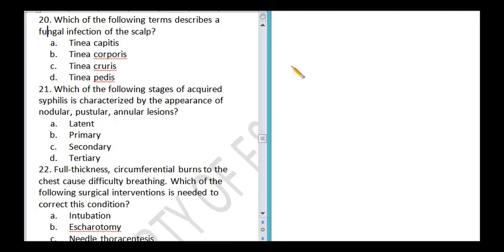number 20. Which of the following terms describes a fungal infection of the scalp? A. Tinea capitis, B. Tinea corporis, C. Tinea cruris, or D. Tinea pedis. Let's try to define each one. Tinea corporis is a fungal infection of the body.